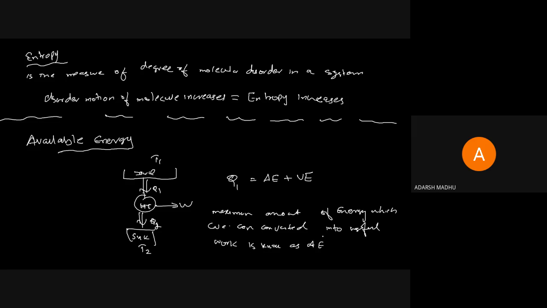The maximum amount of work we can use from an engine working at initial state P1, T1 is known as the availability.